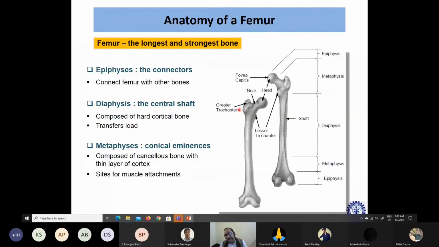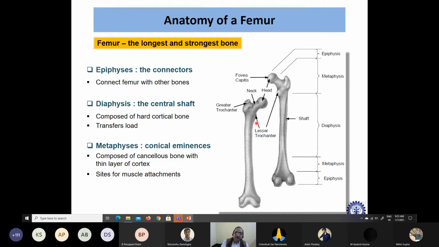These serve as attachment sites for very important muscles that act on the hip joint.